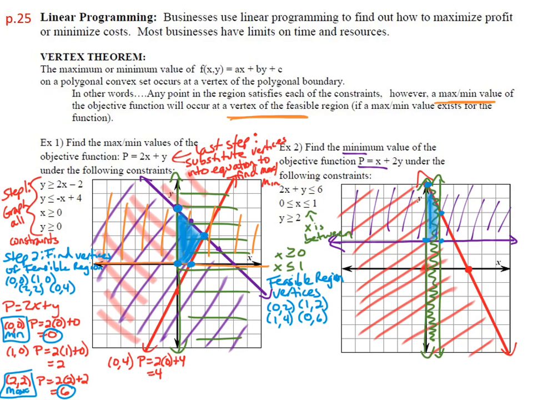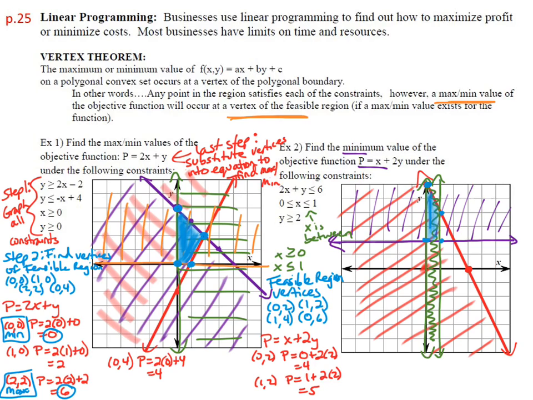So when we go back to that profit or the objective function, and we're looking for the minimum, we're going to use p equals x plus 2y. So at (0, 2), we would say that p is equal to 0 plus 2 times 2, and that's going to be equal to 4. At (1, 2), we have p is equal to 1 plus 2 times 2, and that's going to give us 5.